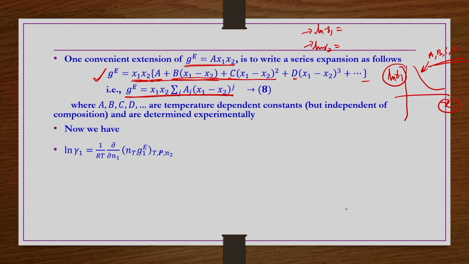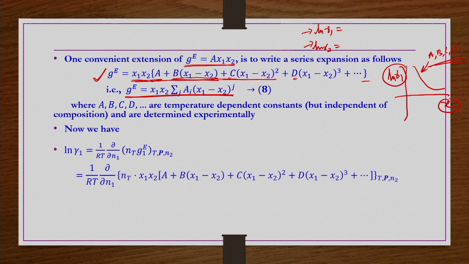Now what do we do? We write ln gamma 1 is equal to 1 by RT dou by dou N1 of NT GE at constant temperature, pressure and N2. And now here in place of NT GE, we write this expression, NT times GE, which is nothing but this expression, at constant T, P, N2.